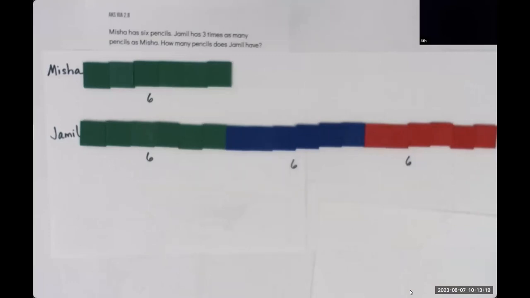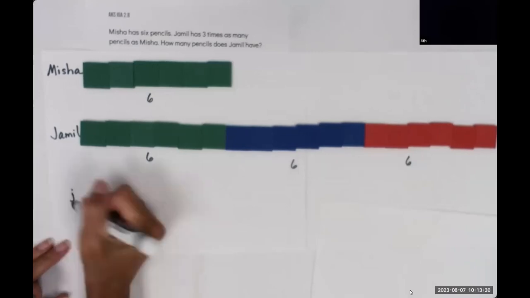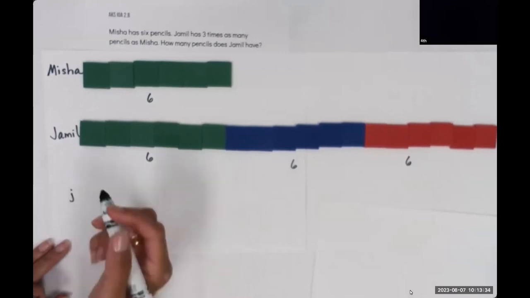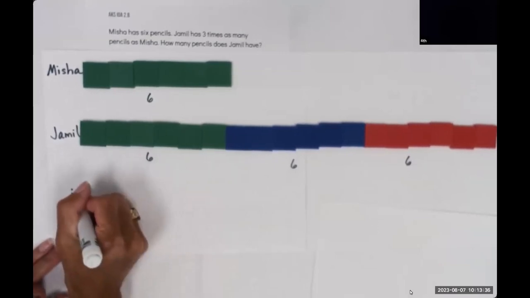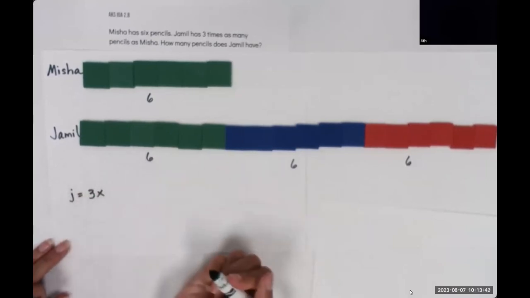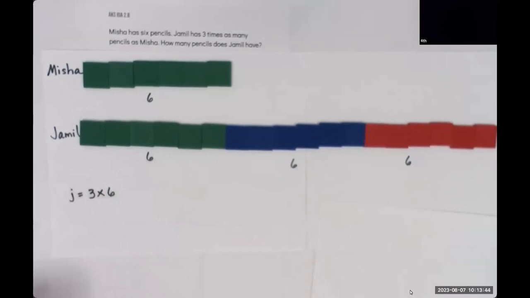Now, thinking about a multiplicative equation or relationship for this model, I can see that I'm looking for Jamil's number of pencils. So I'm going to say J represents Jamil. And I can see that Jamil has 3 times the number of pencils as Misha, or 3 times 6.